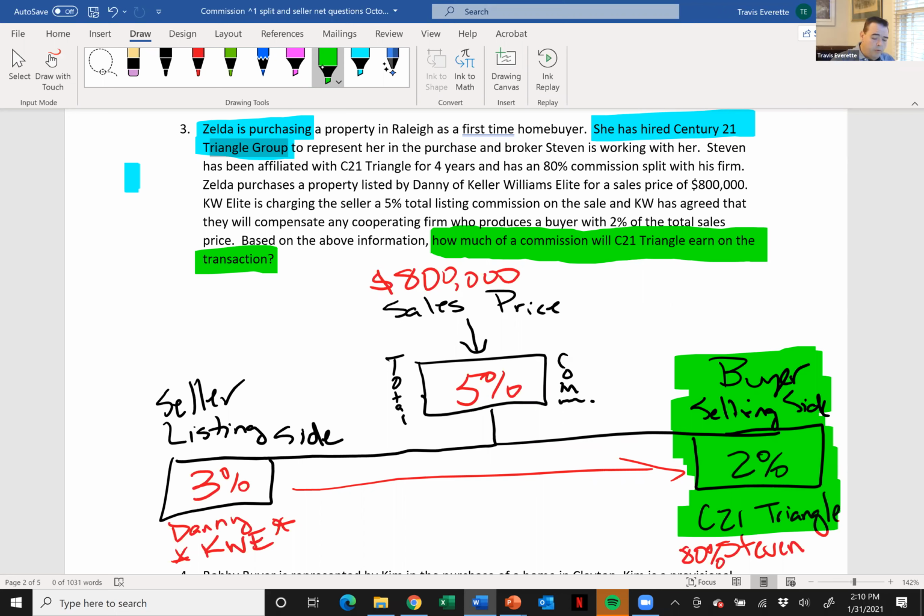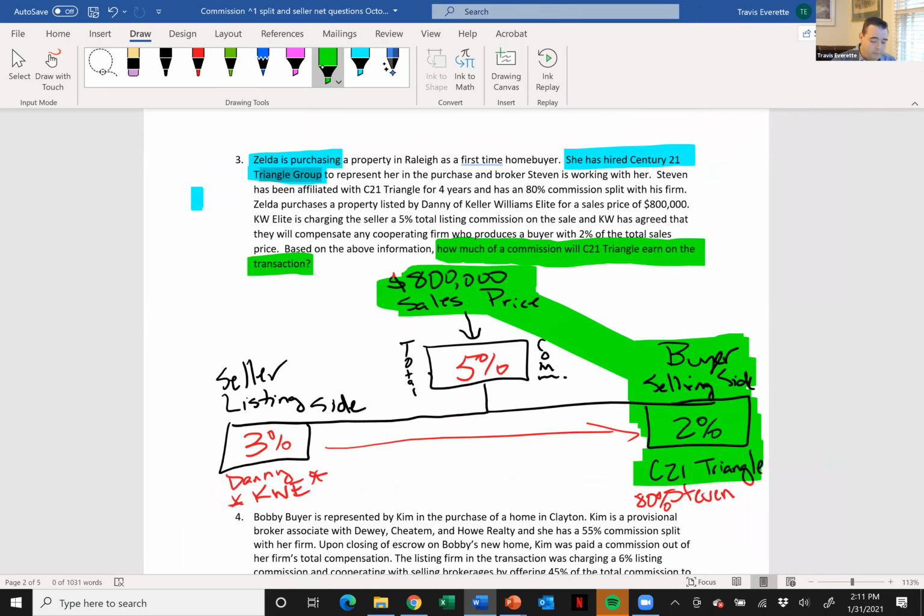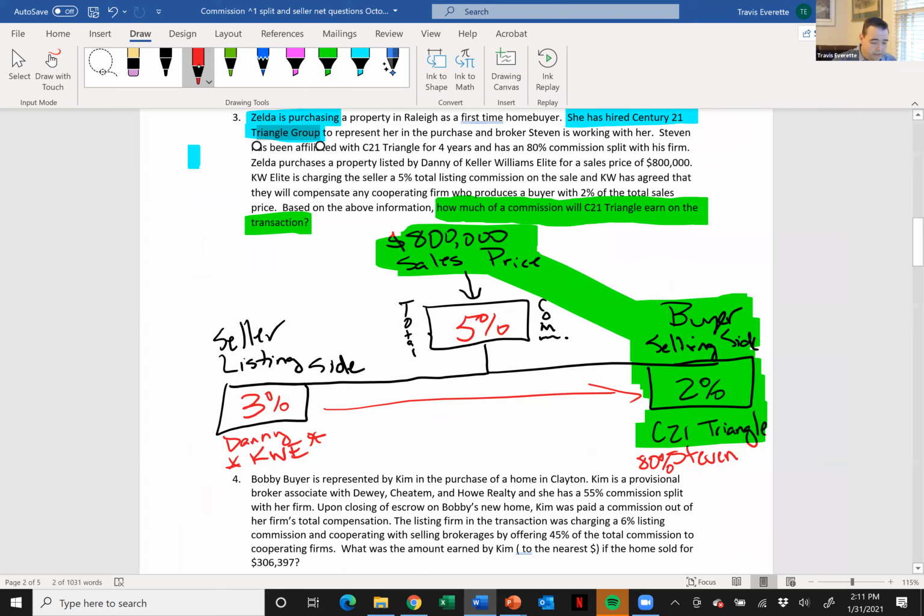And so we know that small commission numbers always go directly to the sales price. So you're just going to tie those two numbers together. So my math, what I'm actually going to type in my calculator, is going to look like this, and I'll write it down here at the bottom. It's going to be $800,000 times 2%.